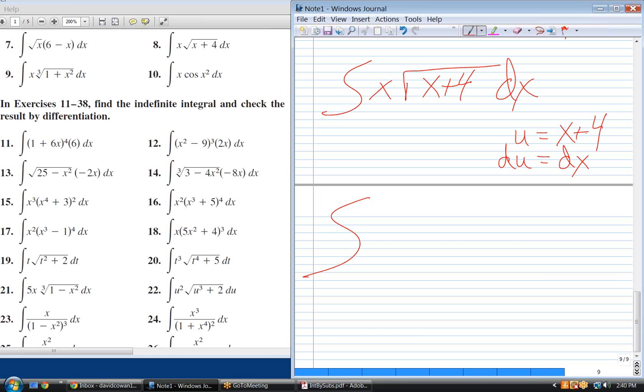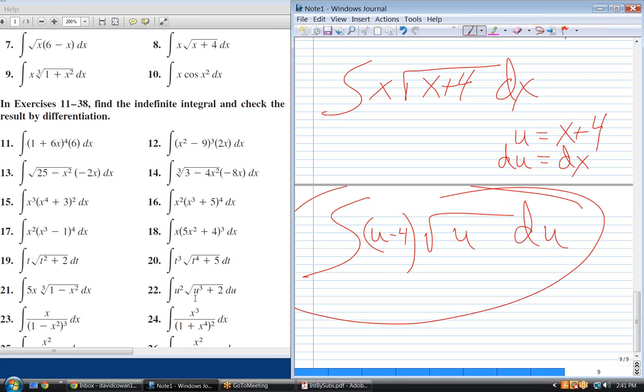Well, if u is equal to x plus 4, x has to be equal to u minus 4. So there's my x. Now I have the square root of u. And for dx, I got du.